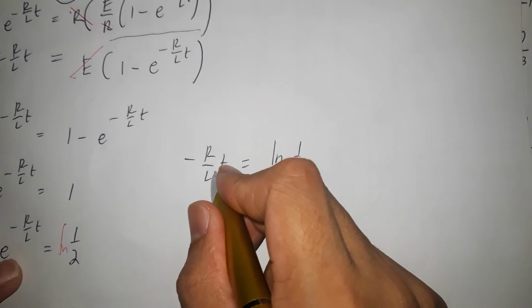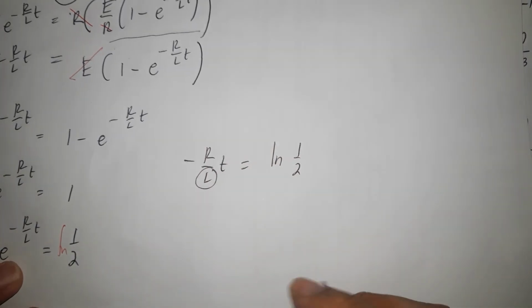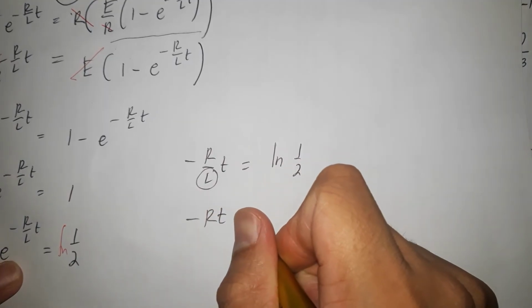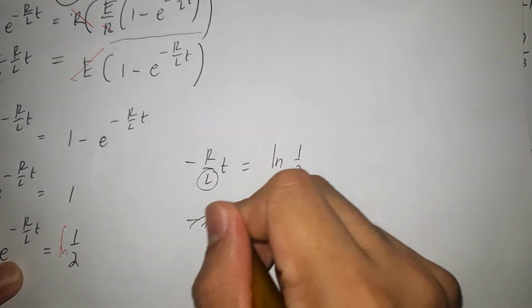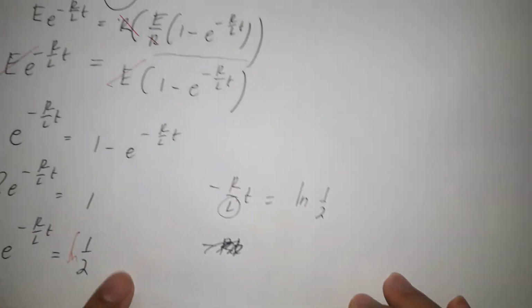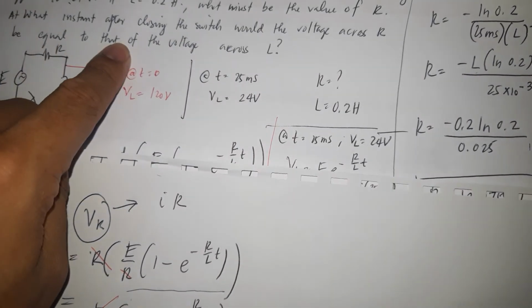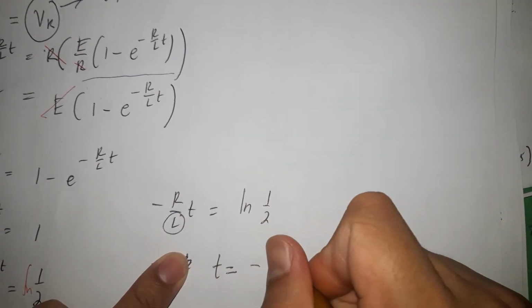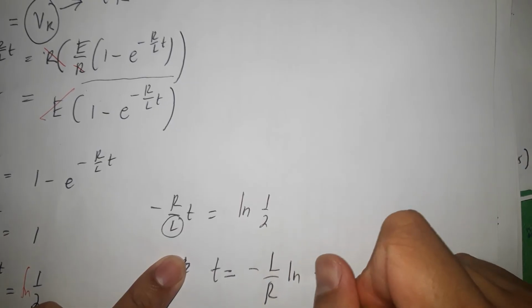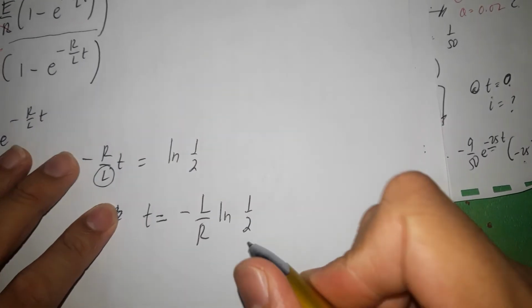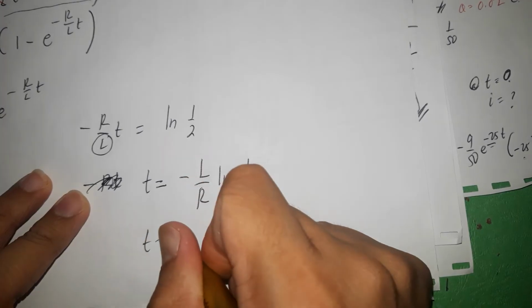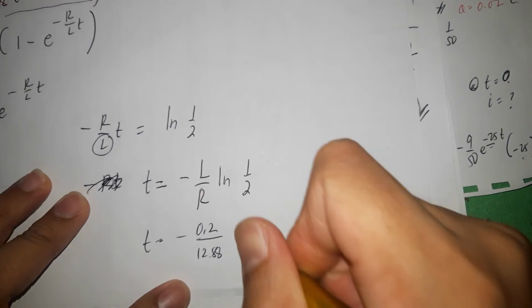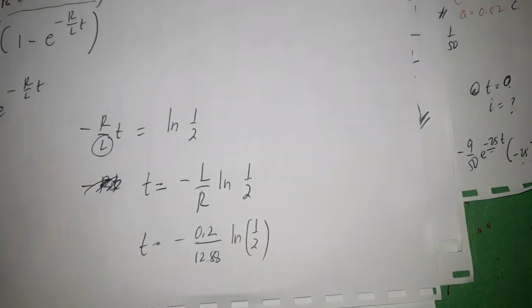We are to solve for the value of T, since the question is at what instant. L is given, so T is equal to negative L over R, ln of 1/2.